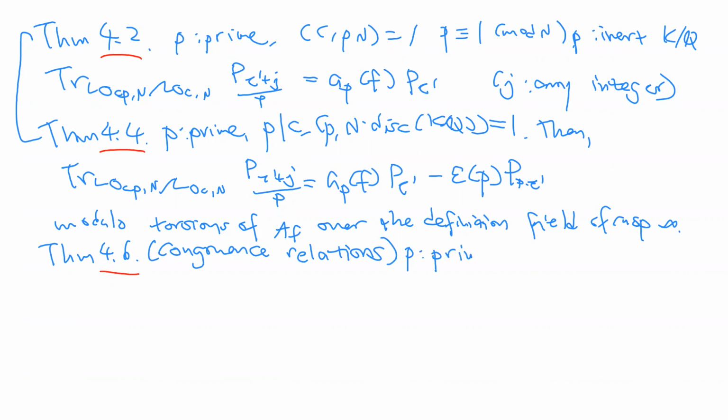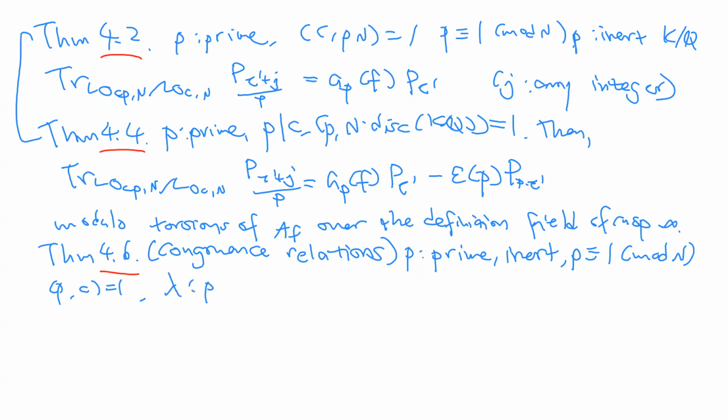Again, say P is a prime. Again, like this case, say P is inert over K over Q. I won't write it down. And again, this condition P is congruent to 1 mod N, and so on. And P is prime to C, and so on.